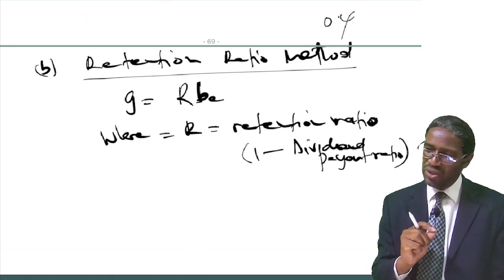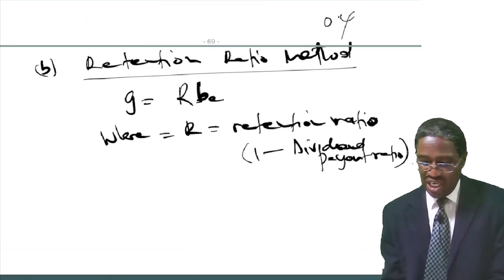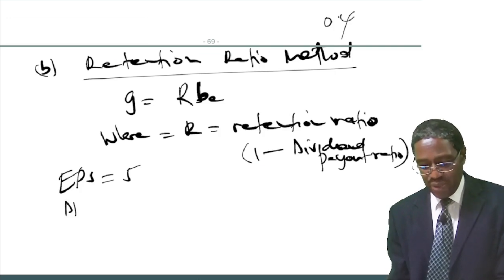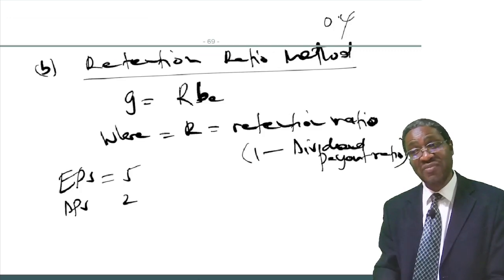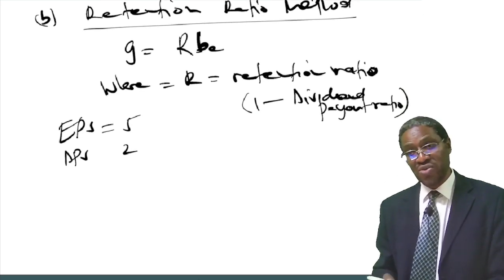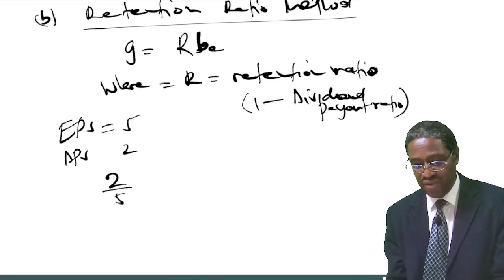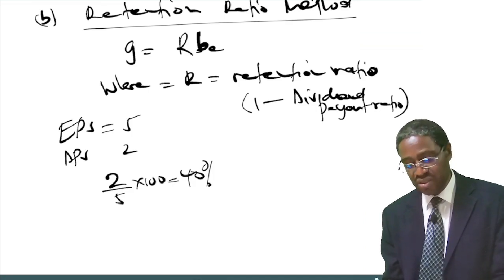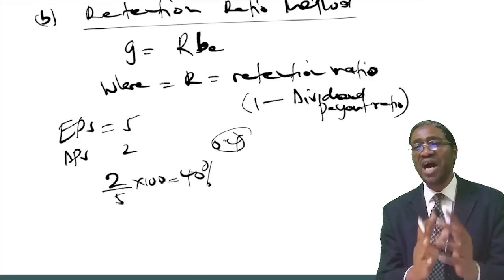Hope you are following. If the earnings per share was 5 and the dividend per share was 2, then the company has paid a dividend of 2 out of 5. So the dividend payout ratio is 2 divided by 5 times 100. This is 40%, which is the same as 0.4. Then out of 5, they retained how much?